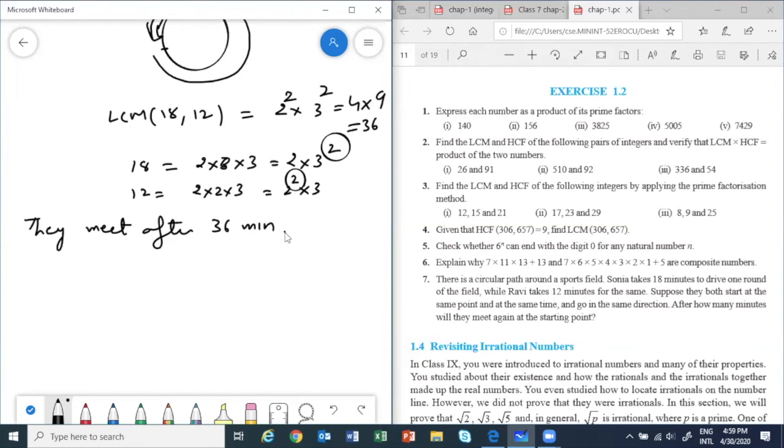Okay. So this finishes our exercise 1.2. If anybody has any doubts, you can ask. Then I will proceed to irrational numbers, and in 10th class we will prove that root 2 and root 3 are irrational. In ninth, we gave them as examples that root 2, root 3, root 5, and roots of all prime numbers are irrational. But now we will learn how to prove it. One method would be to find the square root, but that is not a practical method.